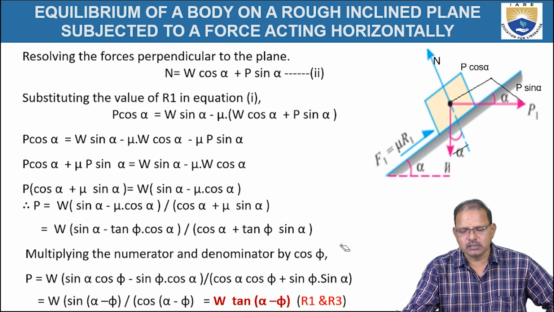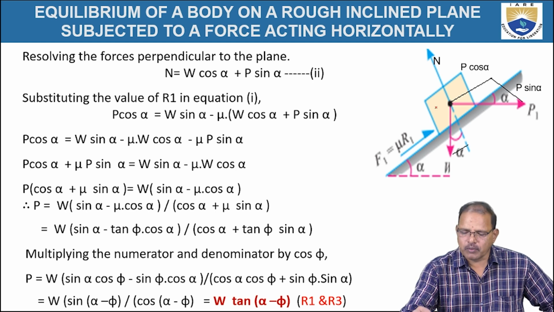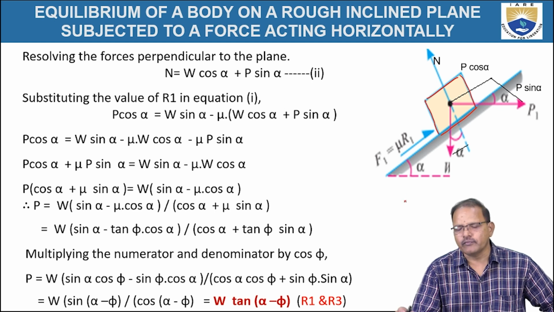Equilibrium of a body on a rough inclined plane subject to a force acting horizontally. Here, the body is resting on an inclined plane which is making an angle of alpha with the horizontal, as shown in the figure.